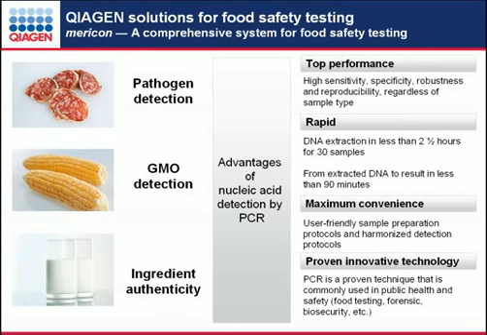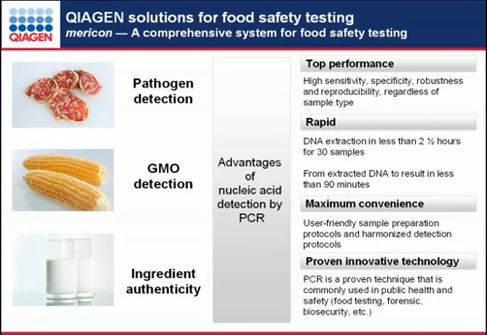So the advantage of having nucleic acid detection by PCR in the portfolio, here we have pathogens, GMO detection, and ingredient authenticity, is that we get very good performance, high sensitivity, specificity, robustness, and reproducibility, regardless of the sample type. It's one of the things we've tried to build into this portfolio: very simplified and unified methods of purification and detection. So sample type becomes not important.